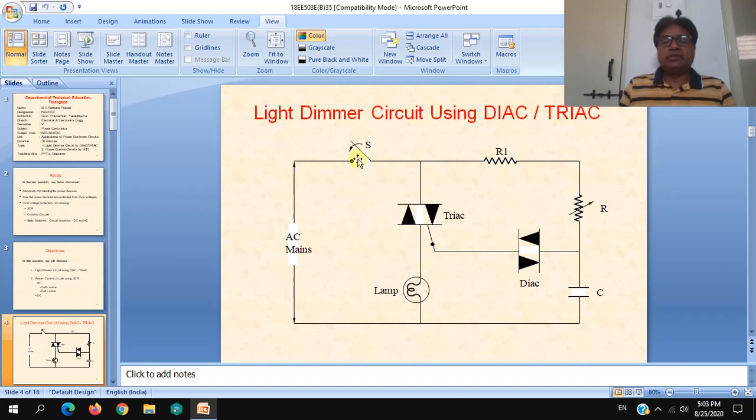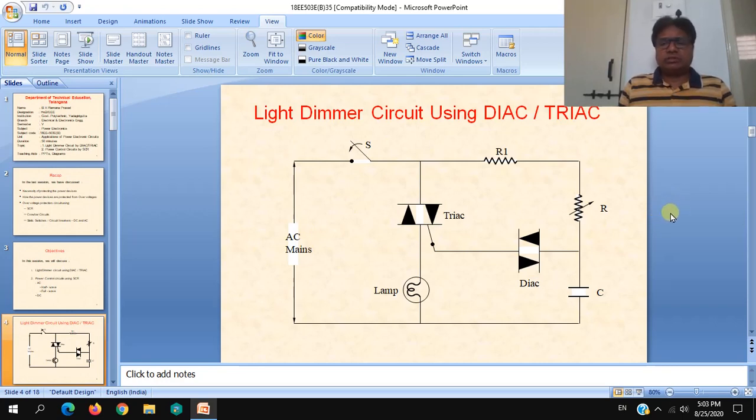But it is not the switch which is going to control, it is the design parameters or the values of the components inside the circuit which will actually change the operation of the circuit. This switch shown in this circuit is just to connect the circuit to the source.